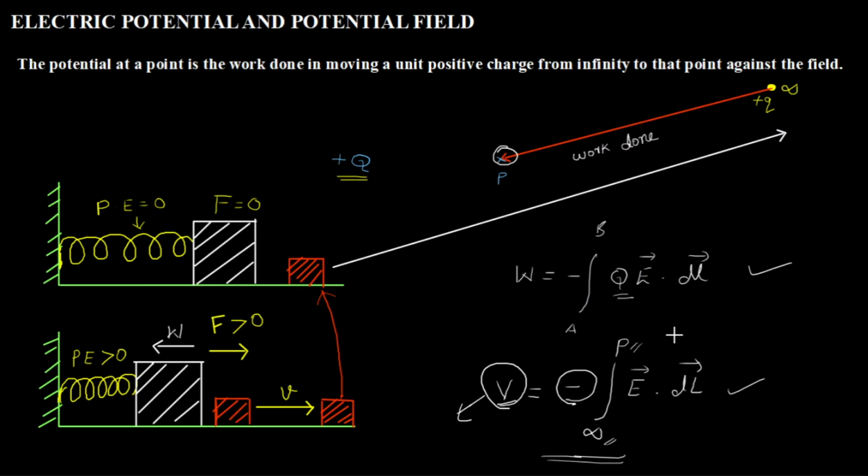So now this is the right time to discuss something about potential field. Potential field is also known as electric scalar potential, because at the end we are going to find an expression for scalar potential, which is nothing but electric potential.